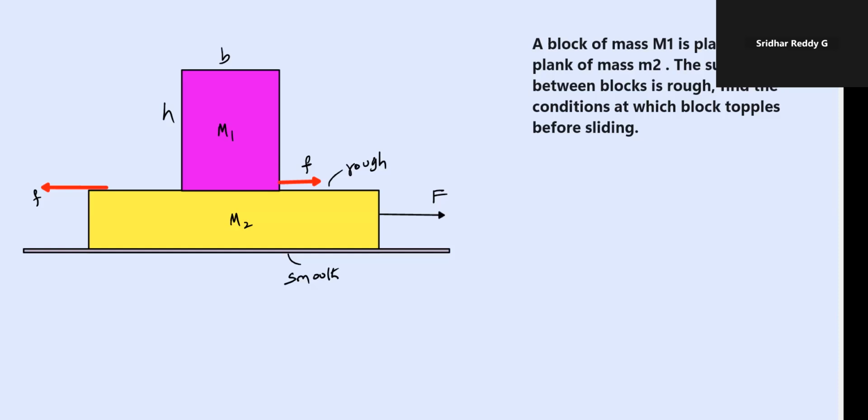Find the conditions at which the block topples before sliding. First of all, we'll assume that before sliding, no slipping should occur. So what is the basic idea?